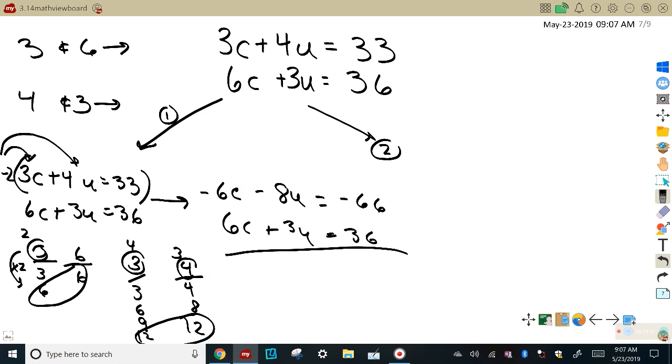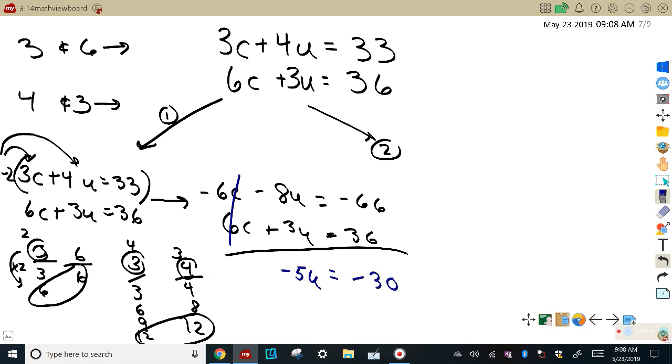Okay, now I do my adding. Since we decided to get our c's opposites of each other, those will cancel. Negative 8u plus 3u is going to be a negative 5u. What's negative 66 plus 36? It's a negative 30.